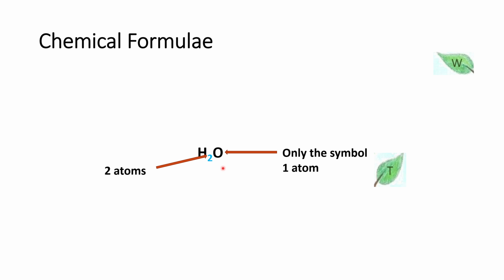Because in science we like to be efficient, or lazy, and we like to reduce clutter, we don't write down 1s because it's implied. If there is an O there, we know there must be at least 1 oxygen. It's the same in maths. If you've got 5x, you've got 5 x's, but you wouldn't have 1 times x, you would just write x by itself.